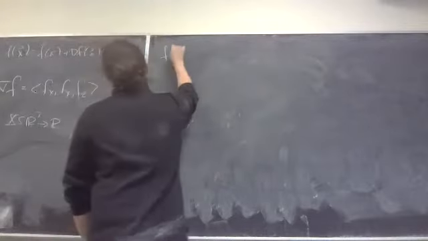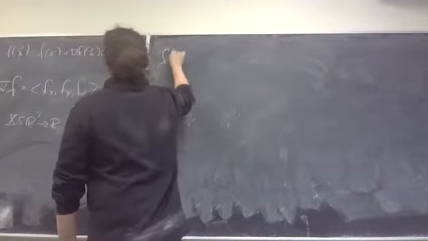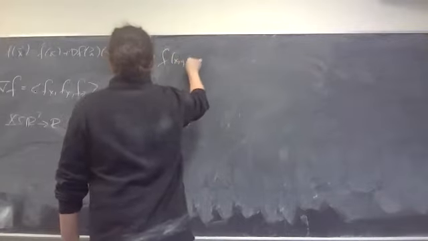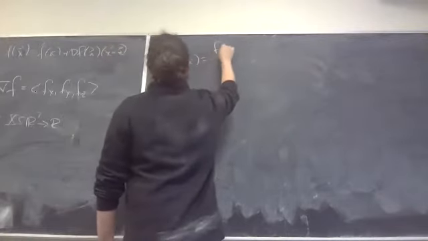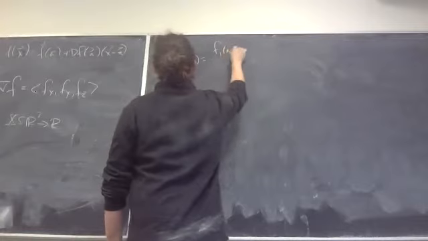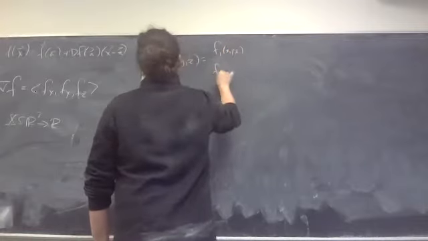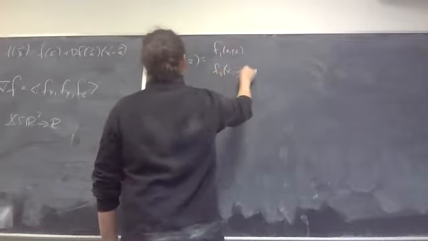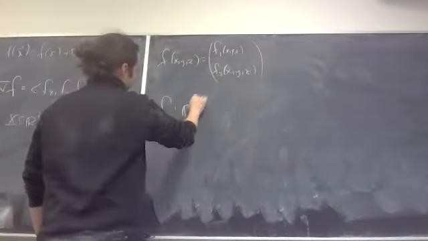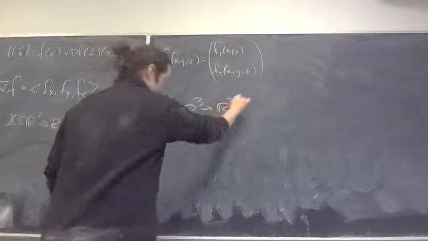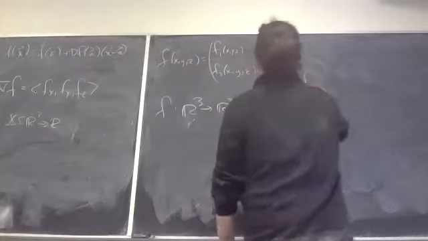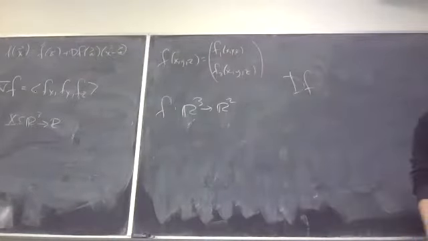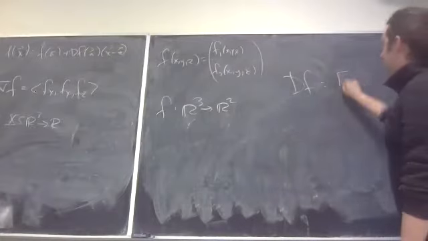Okay, suppose f looks like this: f of x, y, and z is equal to f1 of x, y, and z, f2 of x, y, and z. So this is a function f that takes R3 and spits out things in R2. What's df? Perfect.